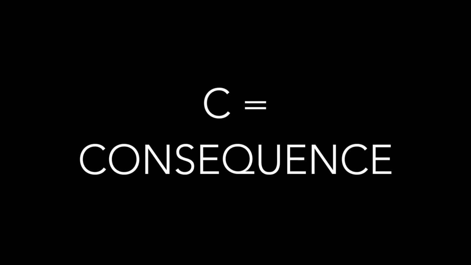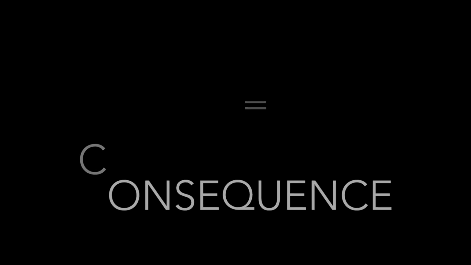This means how we interpret and what we tell ourselves about what happened, is happening, or may happen. C stands for consequence. And the consequence can either be emotional or behavioral. Then there is the formula, A plus B equals C.